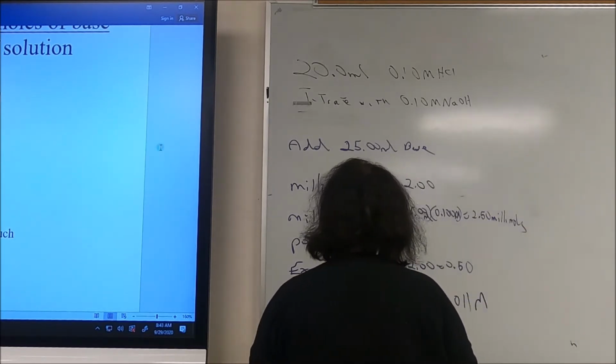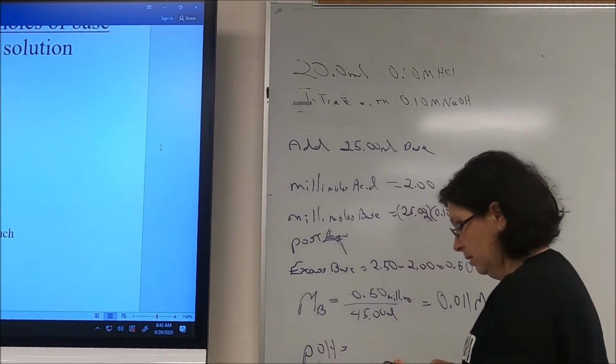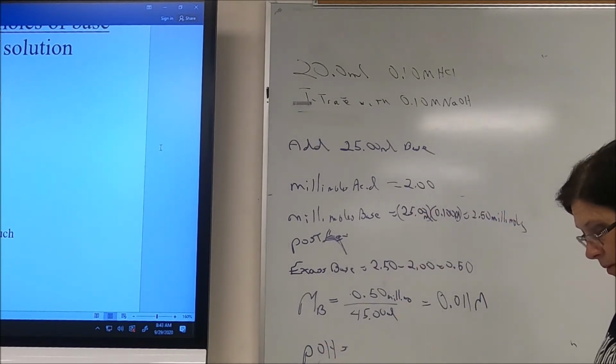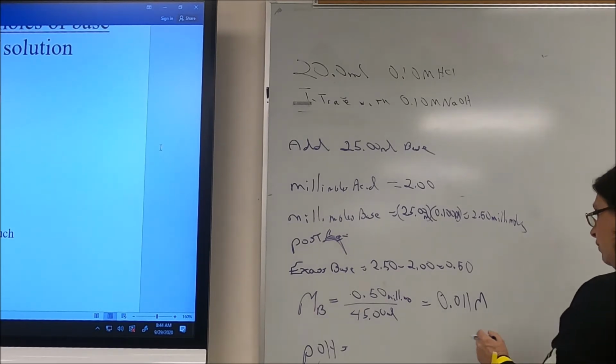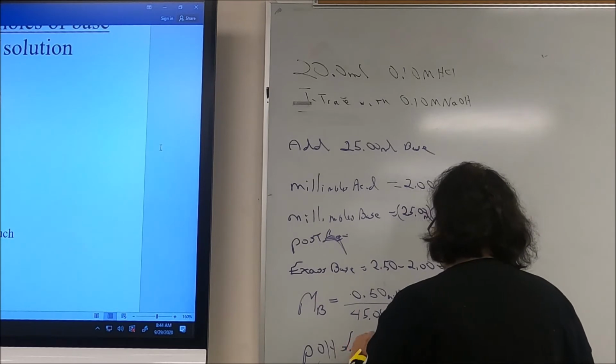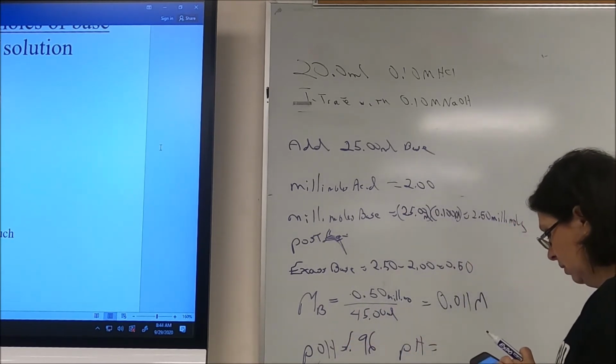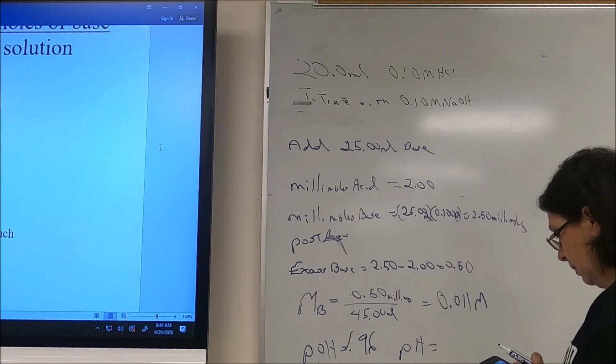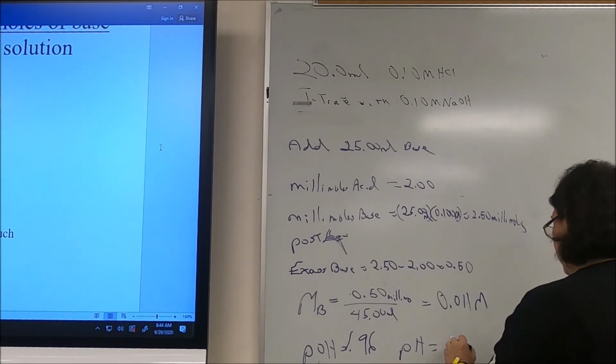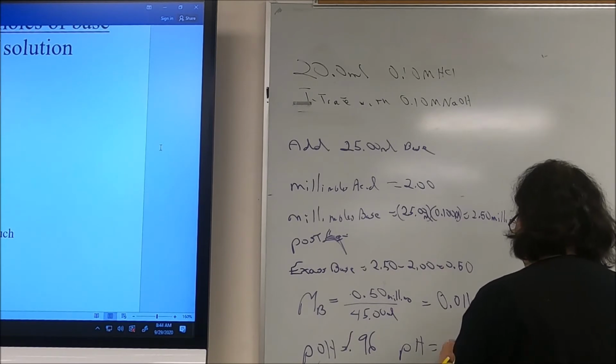So our pOH is 1.96. So our pH is 12.07. I mean, it's 12.04.